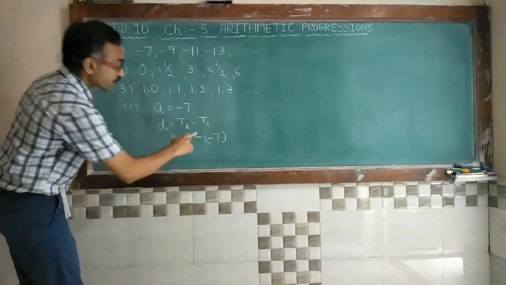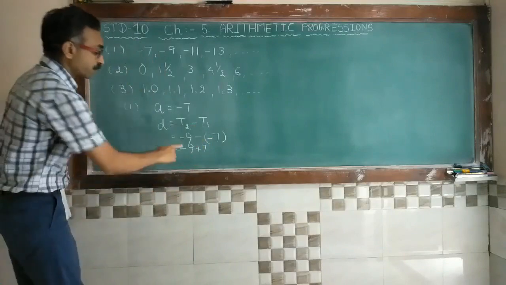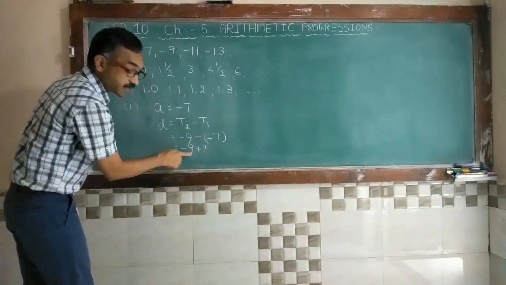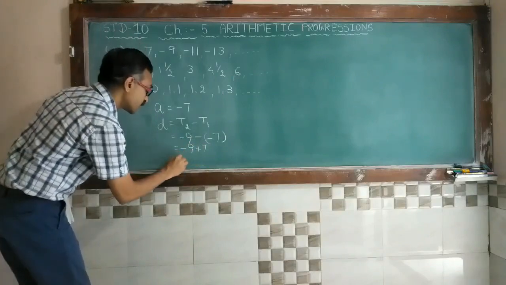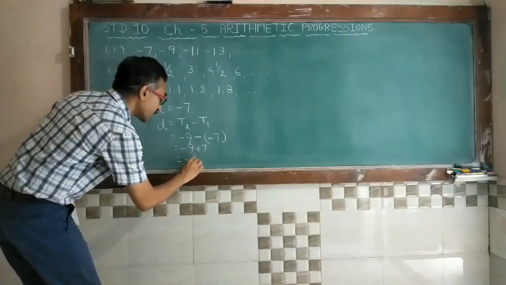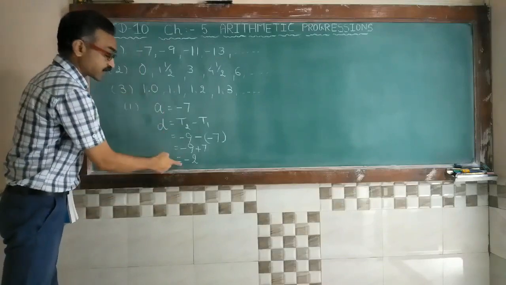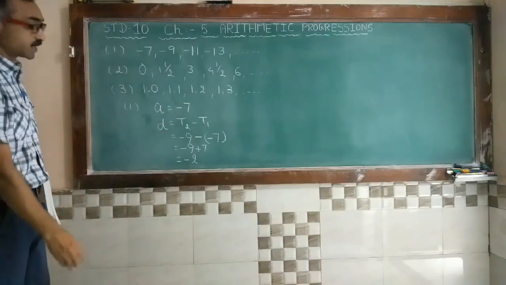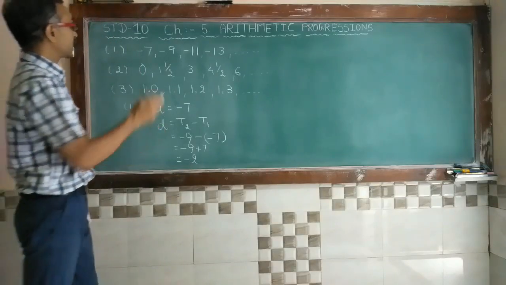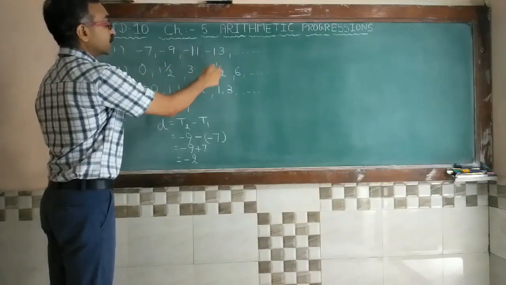Minus 9 minus minus 7, that is minus 9 plus 7. 9 is greater than 7, so it has sign of negative. So the answer is always minus 2. That means A is equal to minus 7 and common difference D is equal to minus 2. That is your answer.